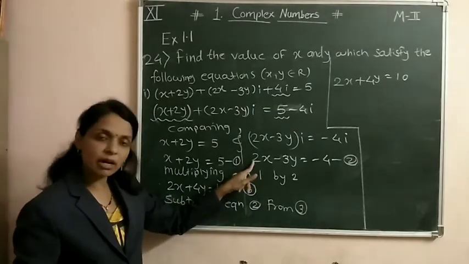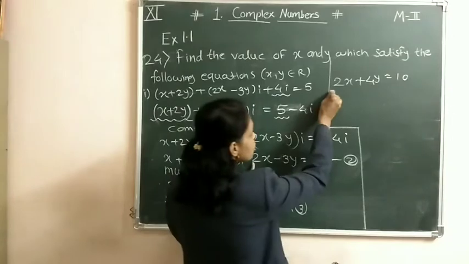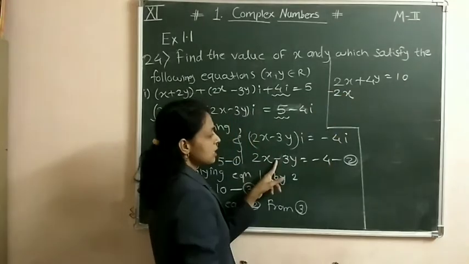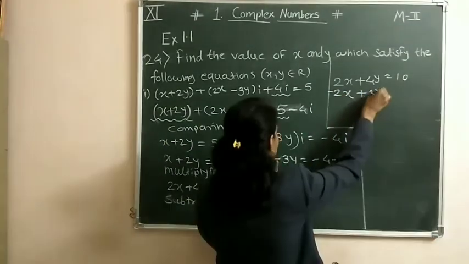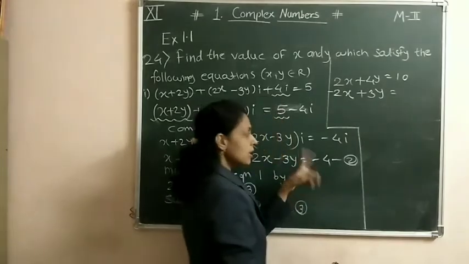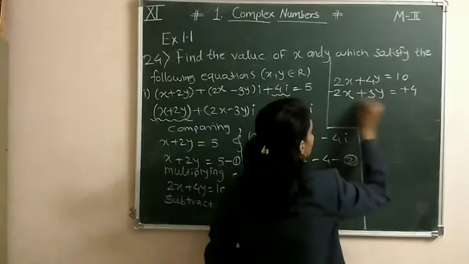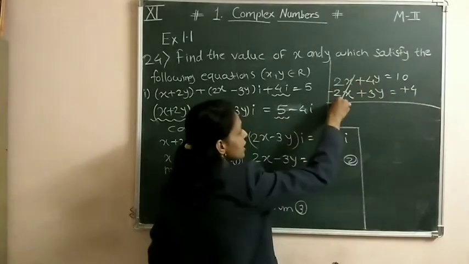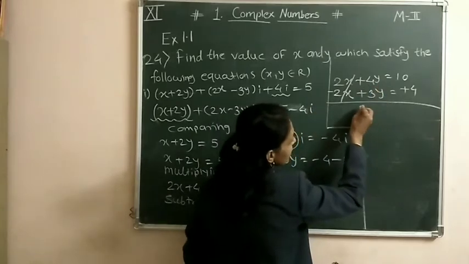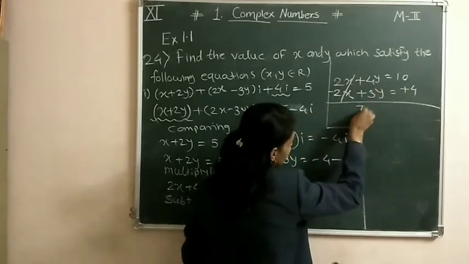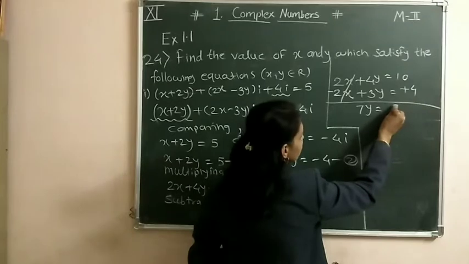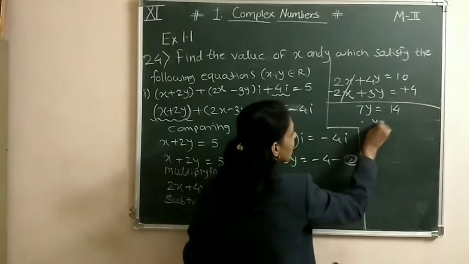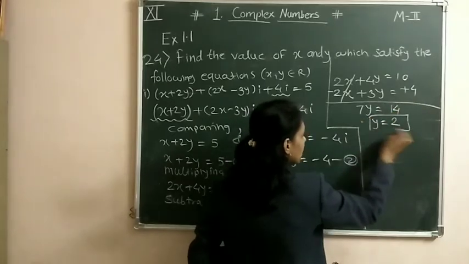So since we are subtracting this, its sign changes: minus 2x, this minus becomes plus 3y is equal to, this minus again becomes plus 4. 2x minus 2x cancel, 4y plus 3y, that is 7y, 10 plus 4, 14, therefore y value is 2.